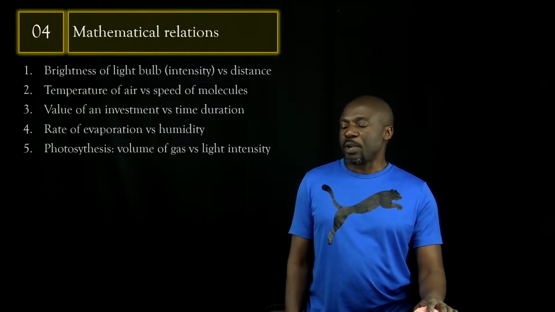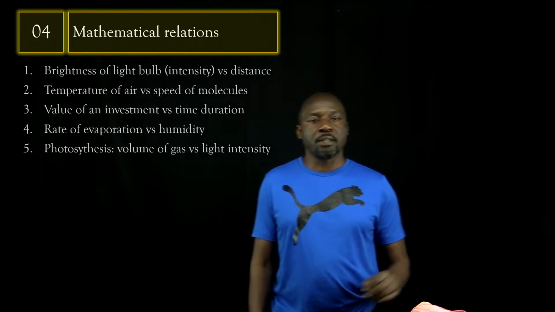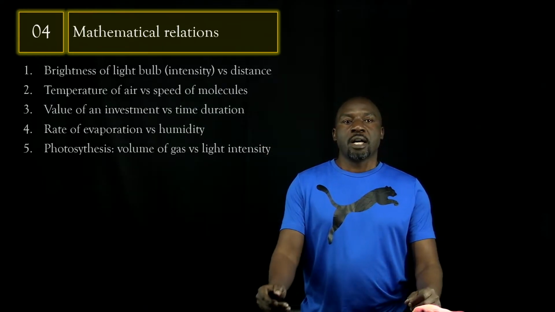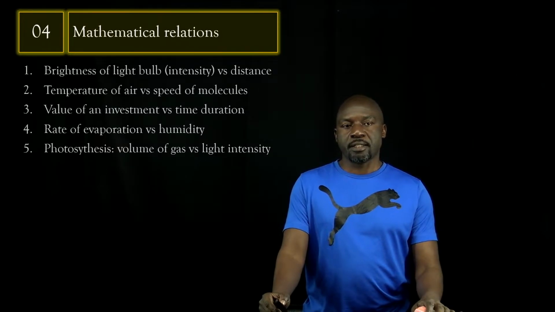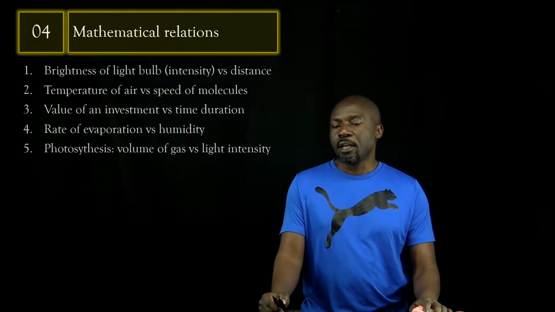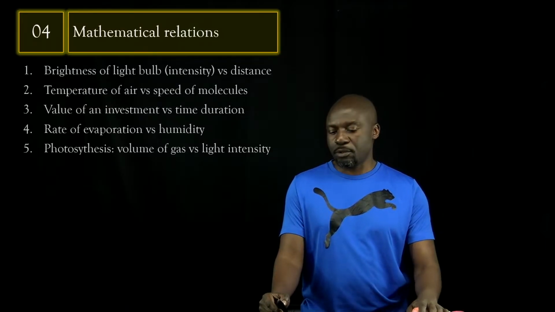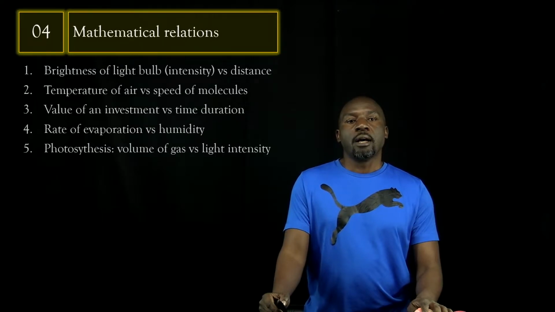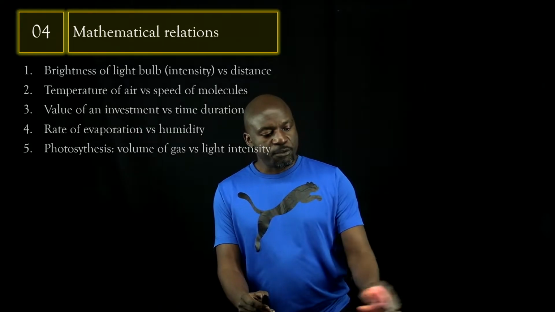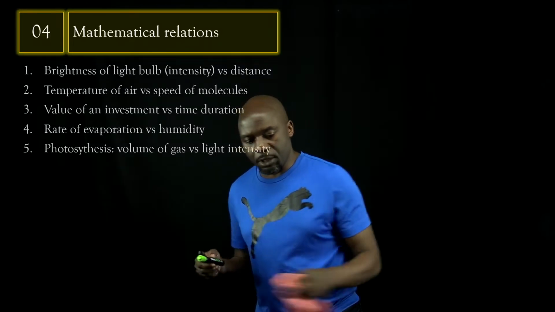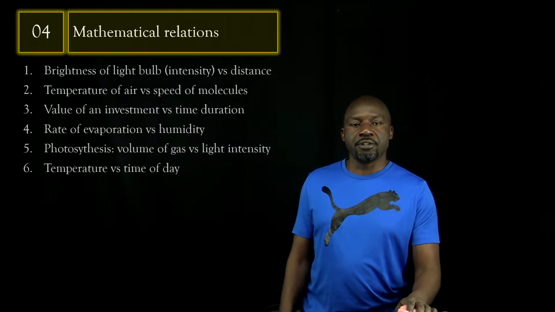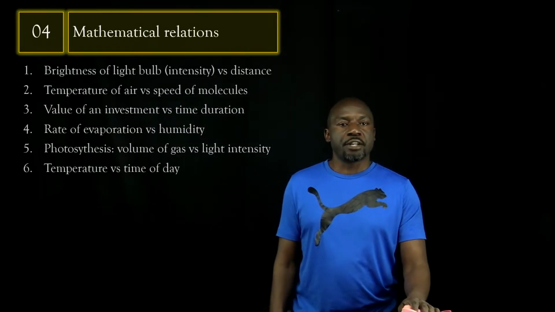So we know in biology, for those who are studying biology, that as leaves get sunlight, they give off a gas. Well, I can't remember whether it is oxygen or carbon dioxide, but you will probably know that. But as you increase the light intensity, the volume of the gas released becomes more, right? So that is a relationship that biology students probably study. Probably you'll write your IA on that.